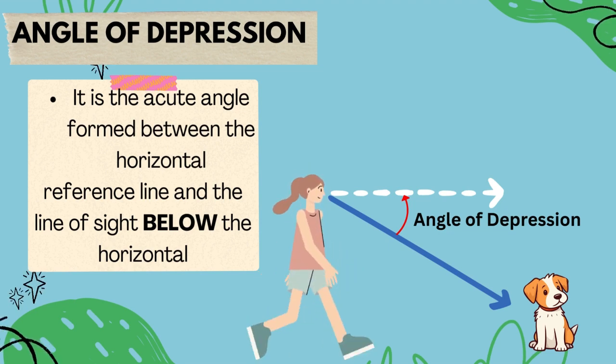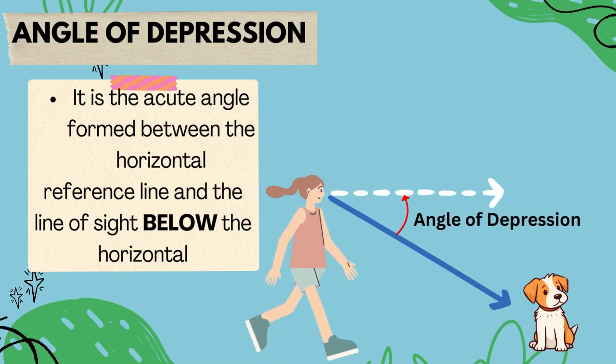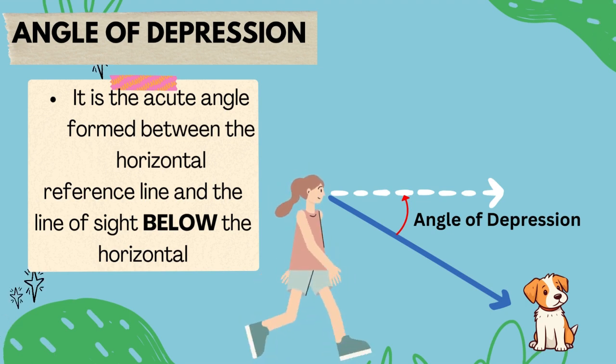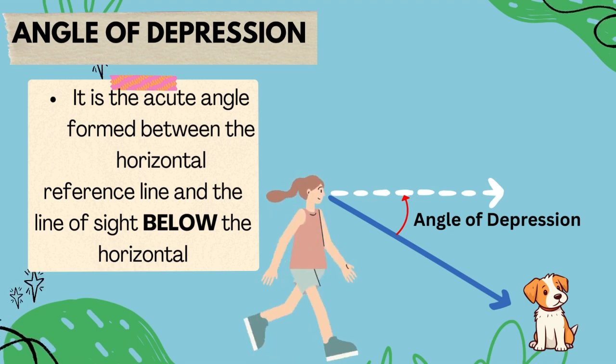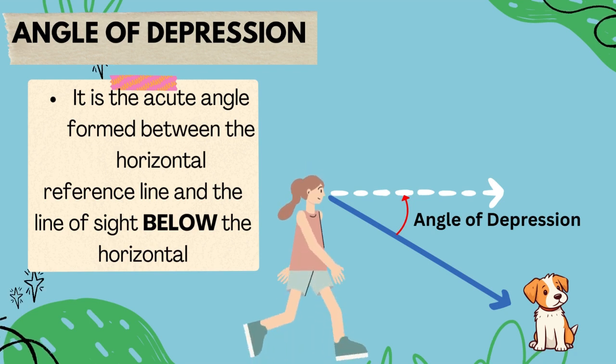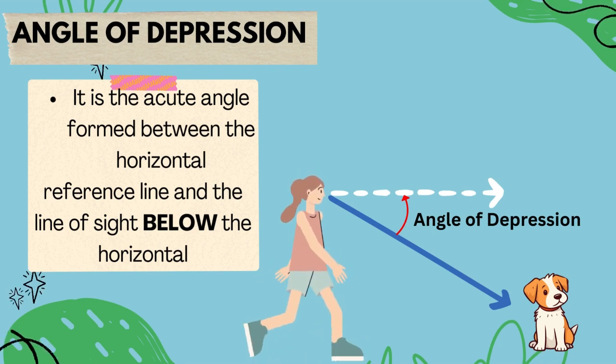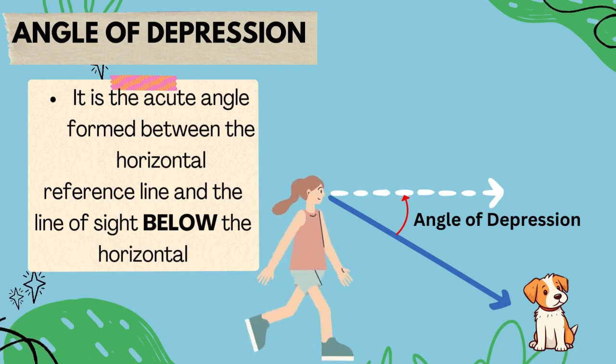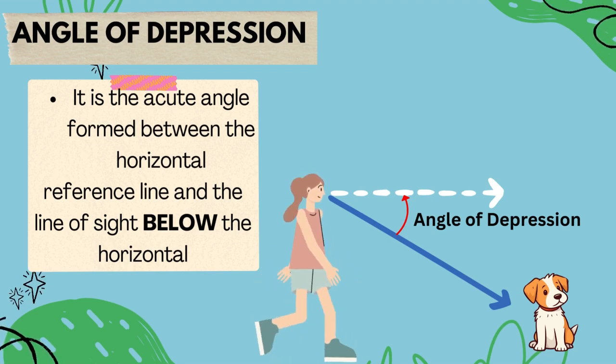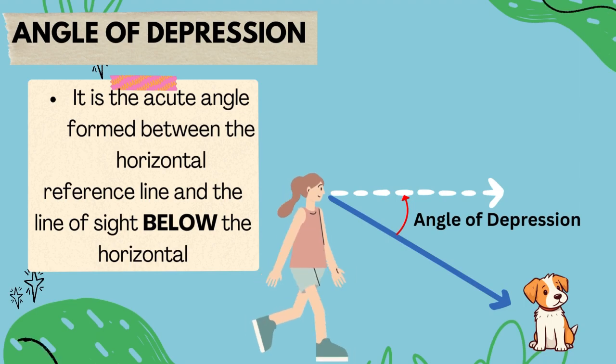The angle formed from the horizontal line of sight to the line of sight is the angle of depression. Since the angle of elevation is above the horizontal line, the angle of depression is below the horizontal line.